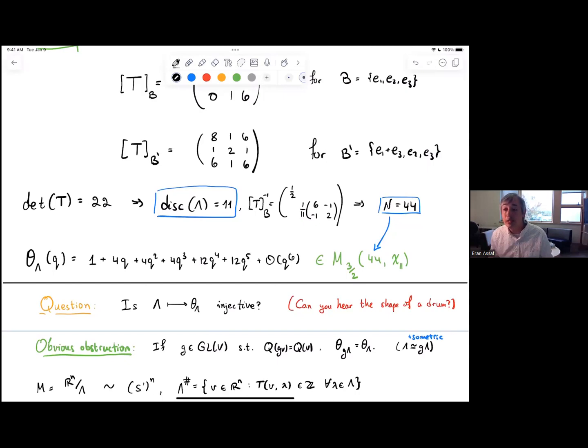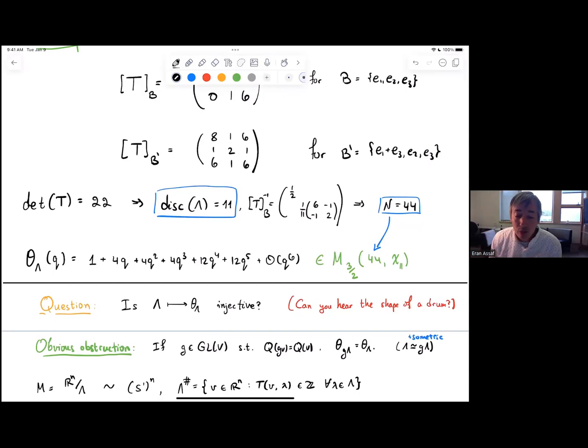We just take Euclidean space and quotient by the lattice. We get an n-dimensional torus, and as a Riemannian manifold, its Riemannian distance depends on the quadratic form that we have on the lattice.